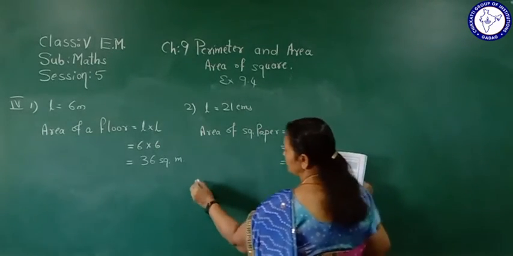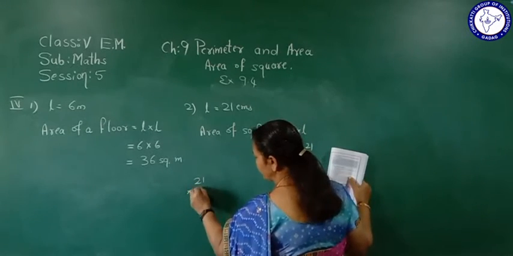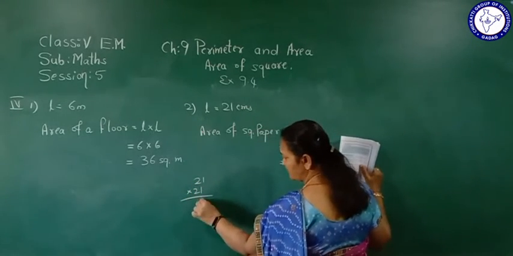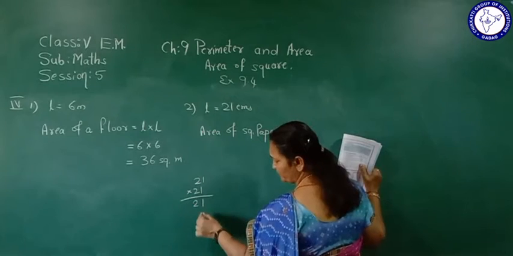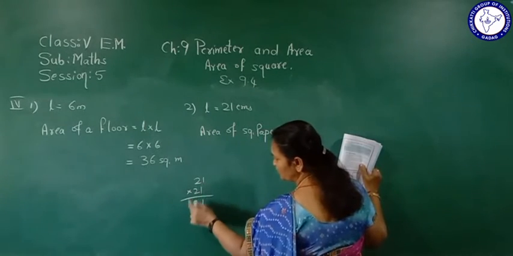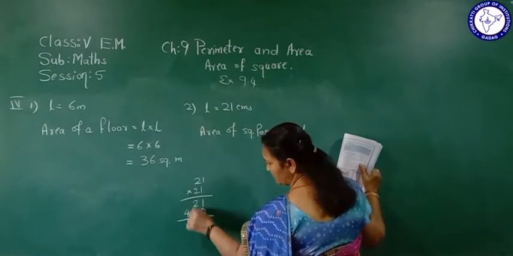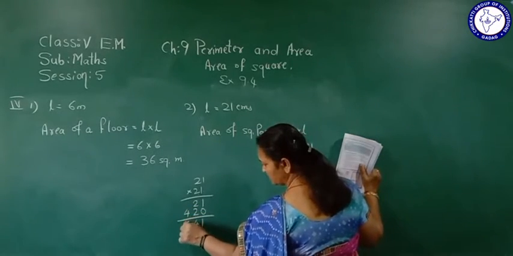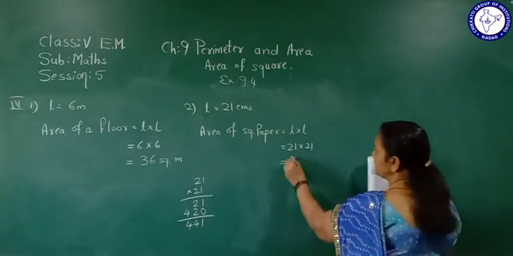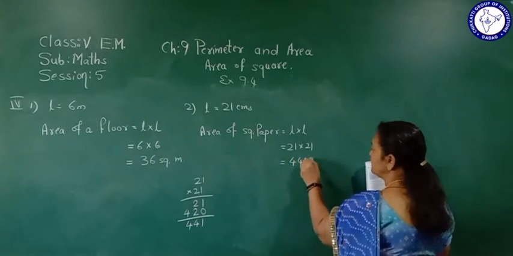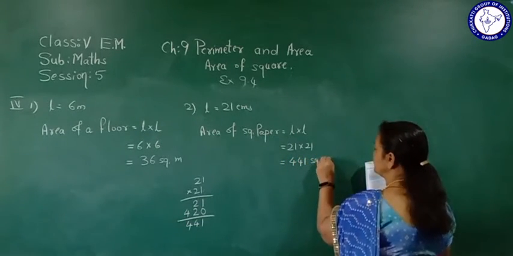So 1 ones are 1, 1 twos are 2. Then add 0 here, 2 ones are 2 and 2 twos are 4. So this is 1, 2 plus 2 is 4 and this 4. So here we get 441 square centimeters.